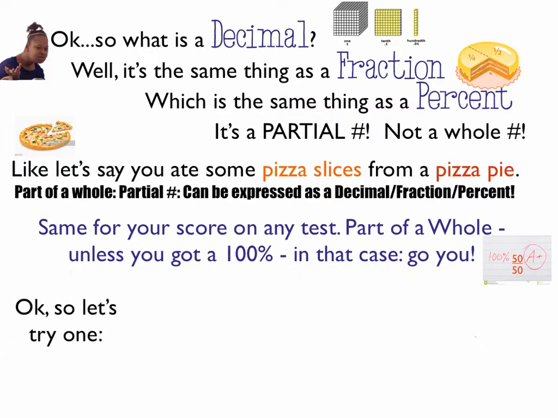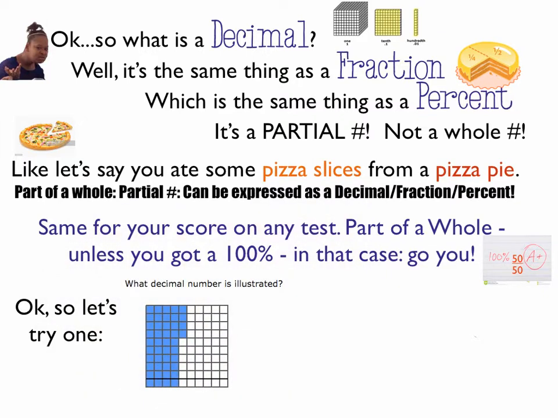So, okay, let's try one. What decimal number is illustrated here? Or what partial number? Well, it's definitely a partial number because it's not the whole box. It looks like there's 10 little mini boxes in each column here, separating up the box.